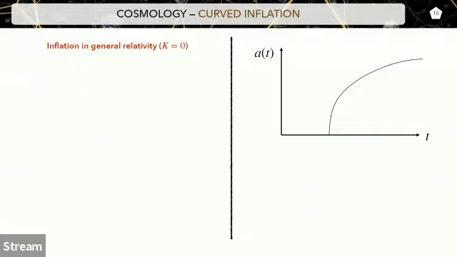So if we consider just a standard Big Bang hypothesis without inflation, we have this evolution of the scale factor of the universe, the size of the universe as a function of time, with a divergence at finite time where the scale factor tends to 0.